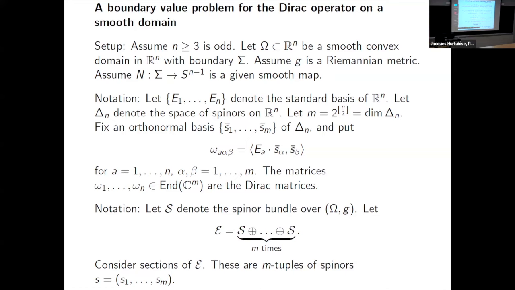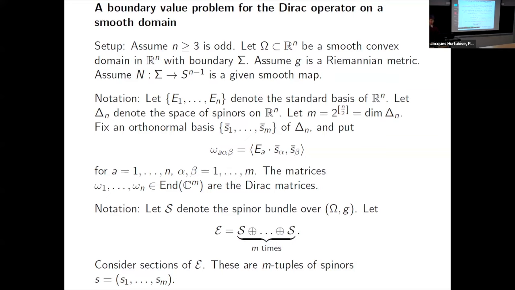The omega_1 to omega_n are complex matrices, and this power 2 to the n/2 comes in because this is the smallest dimension where you can find matrices with these algebraic relations. These are called the Dirac matrices.